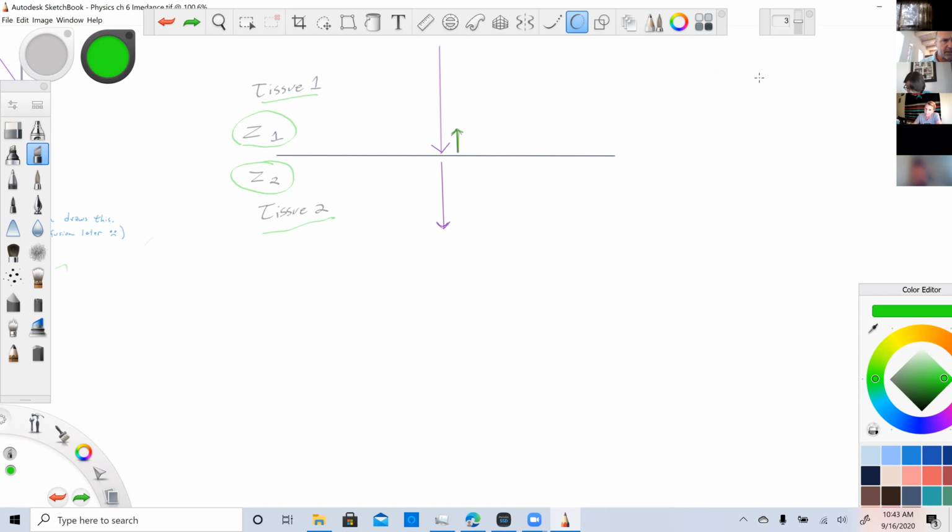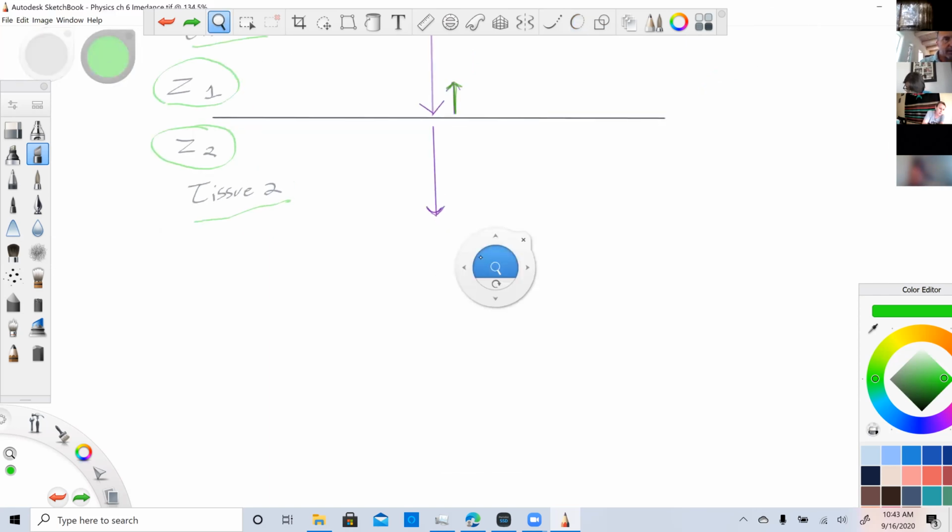So just quickly again, make that pen a little bit bigger, I might write better. Okay. Intensity reflection coefficient. We're going to do this in percentage. So once again, it's one of those things that you can get a ratio or a percentage.